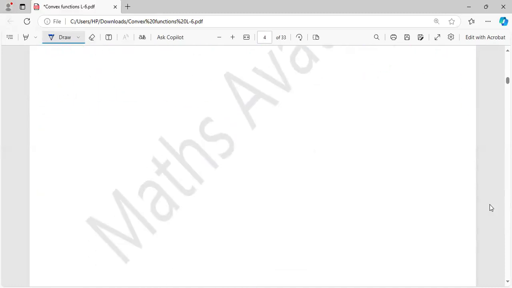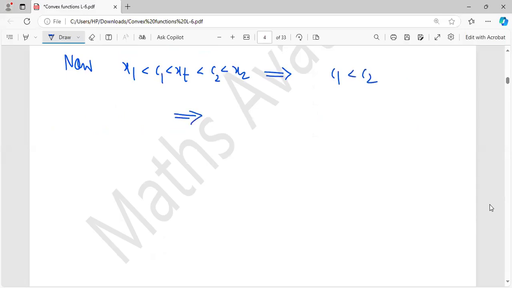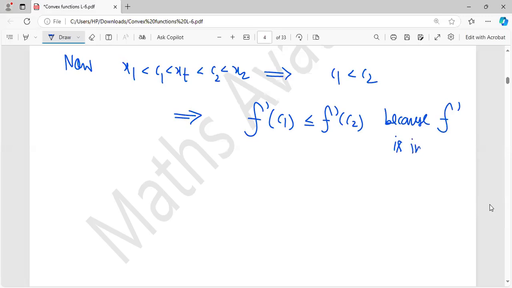Now we have c1 less than c2, so this implies f'(c1) is less than f'(c2) because f' is increasing.